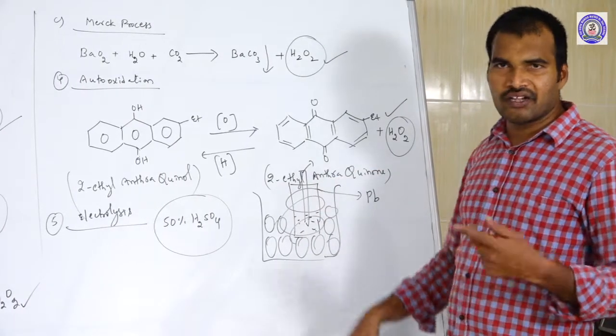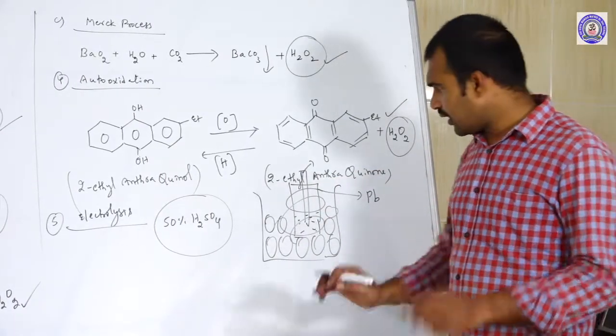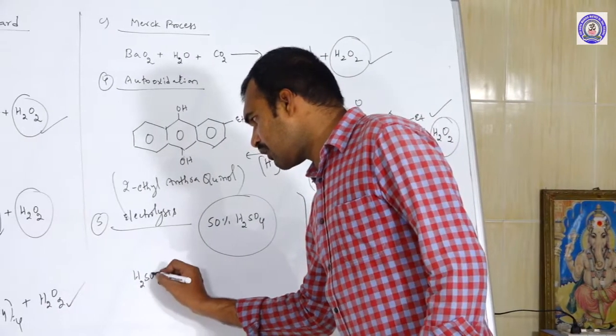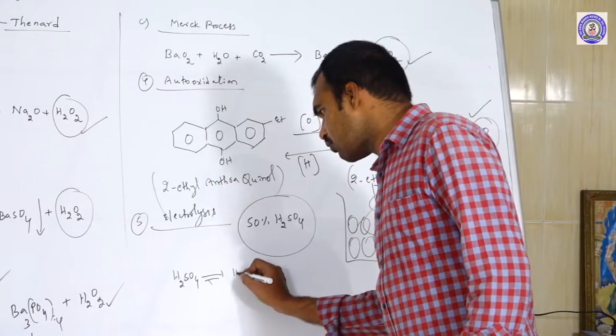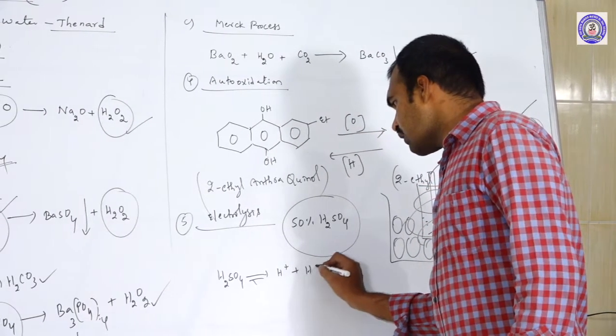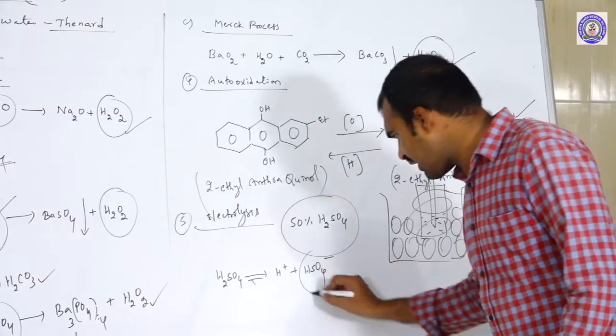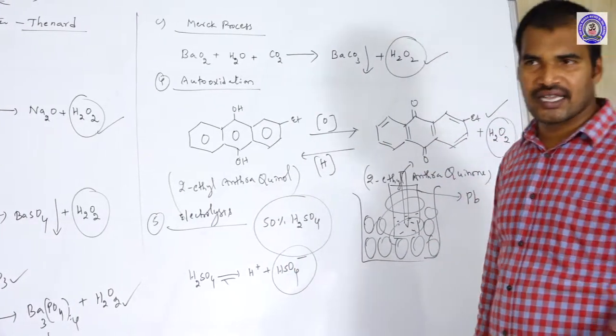The platinum rod acts as the anode. Now this 50% H2SO4 splits into H plus and HSO4 minus, so HSO4 minus ions are present.